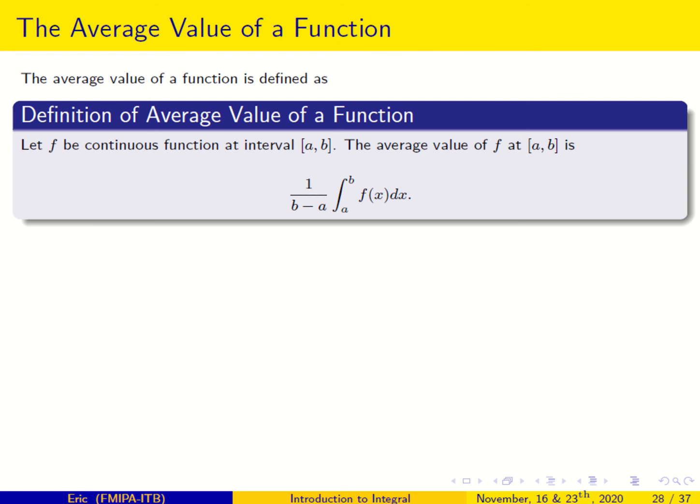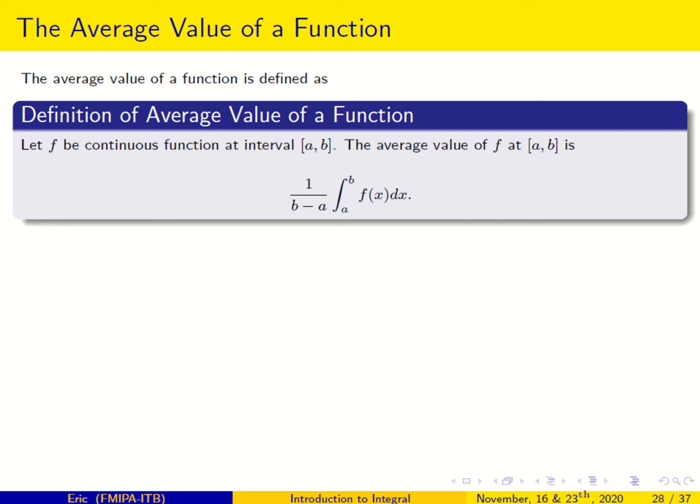This is the last application of computing the area between two curves, that is the average value of a function. If f is a continuous function on the interval [a, b], the average value of f on [a, b] is given by 1 over b minus a times the integral from a to b of f(x) dx.